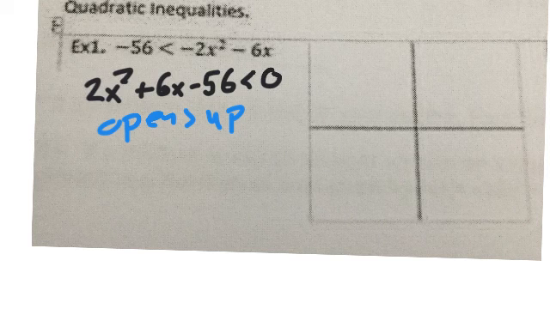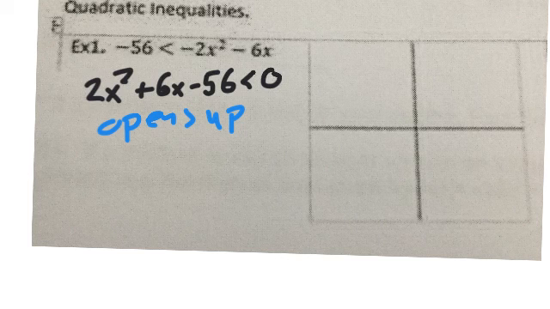Now, it could happen that I have no x-intercepts, and then when I try to find those, I will get nowhere. So that would be no solution. It could also happen that it just touches at one point and I get one x-intercept, but that's still never below 0. So that would be no solution.